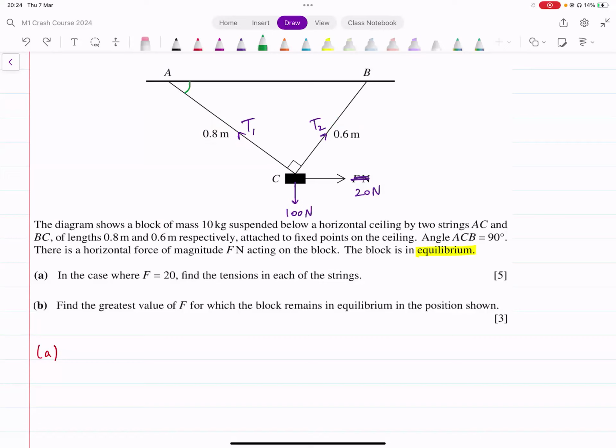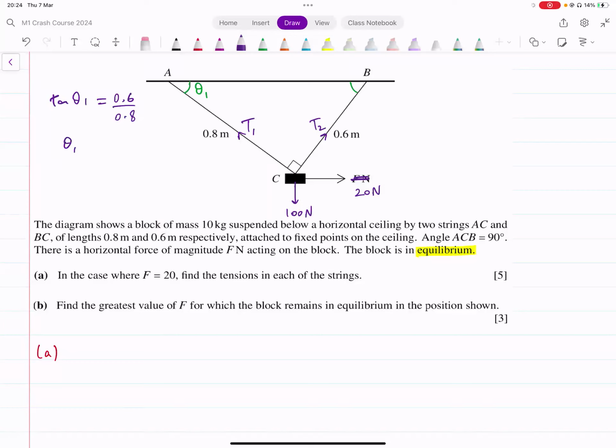Let's start with any one of them. Let's call this angle theta1. How can you find theta1? This is 0.8, this is 0.6. 0.8 is adjacent to that angle. 0.6 is opposite of that angle. What ratio do we have between perpendicular and base? Opposite and adjacent, we have tan. So we can say tan of theta1 equals opposite, which is 0.6, divided by 0.8.